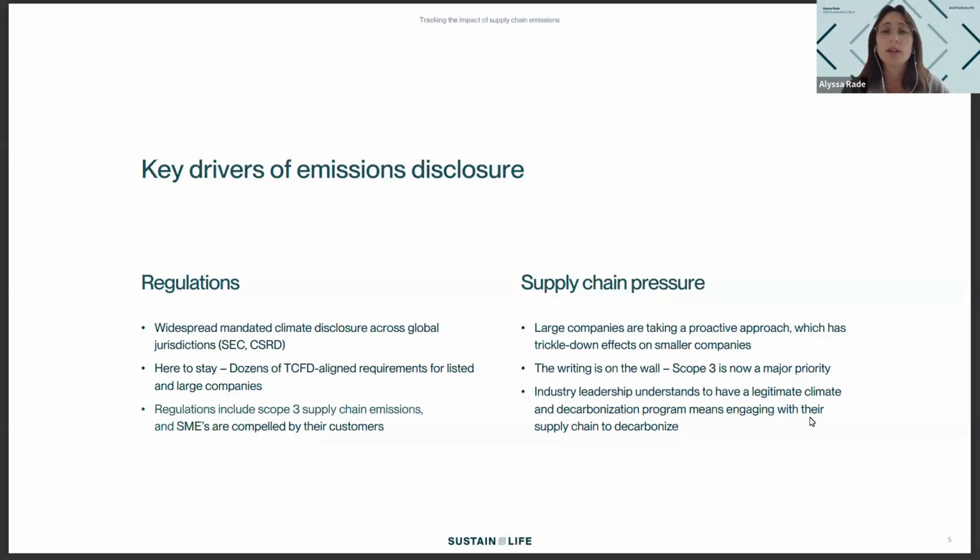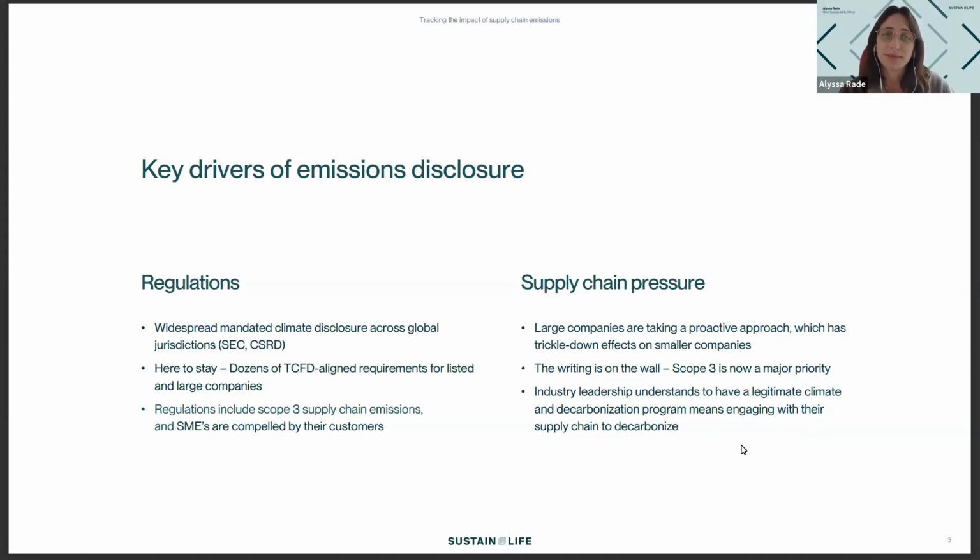Most companies that have real, legitimate, robust ambitions in decarbonization know that it's all about Scope 3, know that it's all about that 90% of their footprint. And so, while some laggards might be waiting for the rules to finalize, across industries, we're seeing so many leaders that have meaningful decarbonization programs and are asking their suppliers to disclose these emissions to them directly.